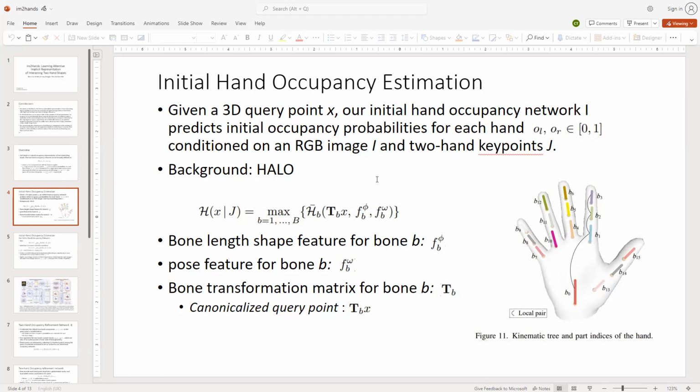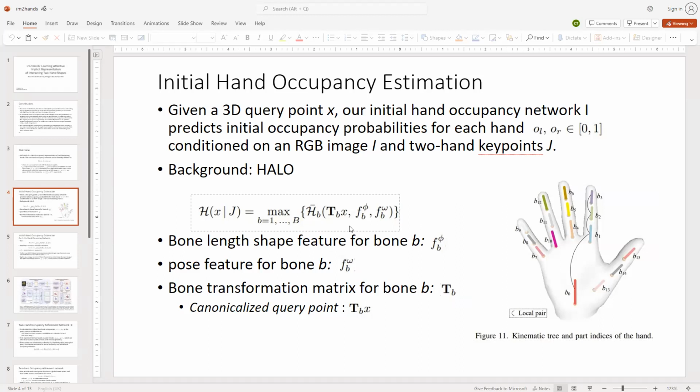What this paper does, its speciality, is getting an implicit representation for two interacting hands. One might think, why not simply use previous approaches that are already there for single hands? Halo would be one such network that does this. It takes 3D key points of one single hand as an input, and it outputs the occupancy value and creates an implicit representation of the hand.